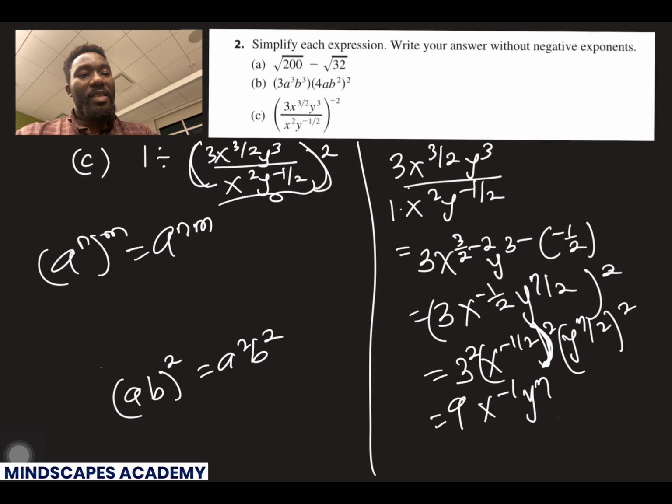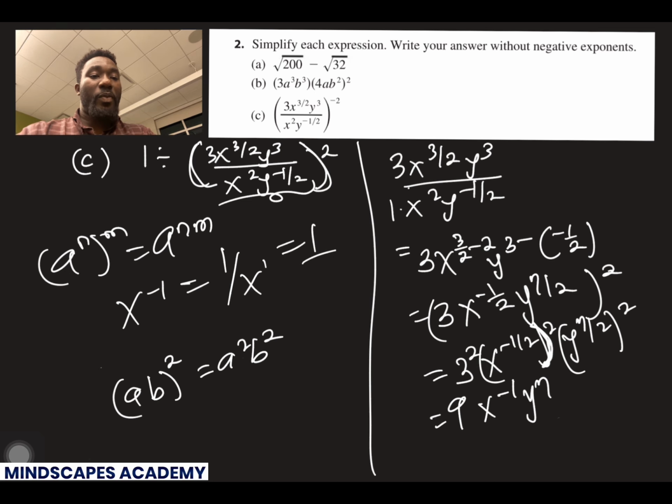Now remember, we said whenever you have a negative exponent, you can have 1 divided by x to the 1, and anything raised to power 1 is that thing. So you have 1 over x. So this is 9y to the 7 times 1 over x, which is 9y7 over x.